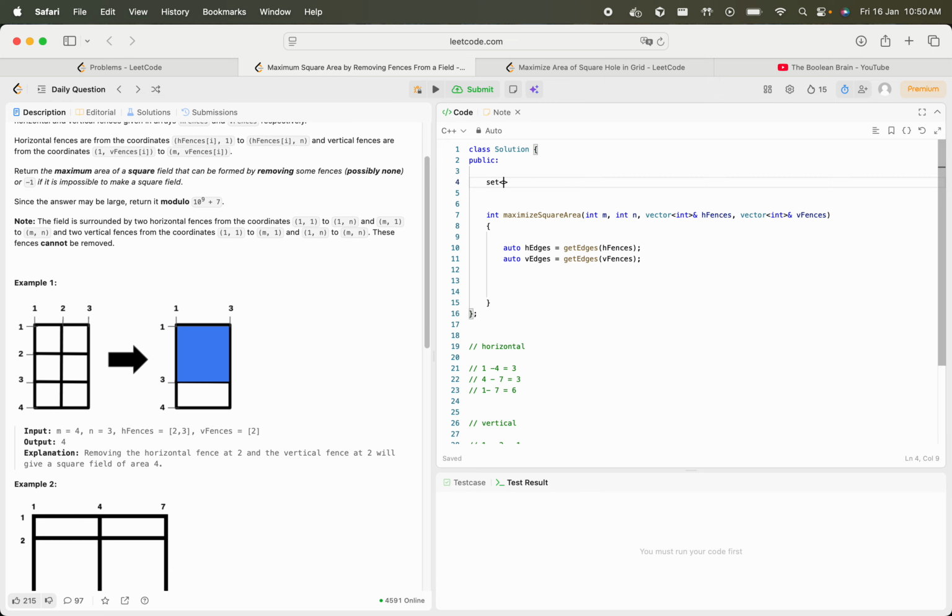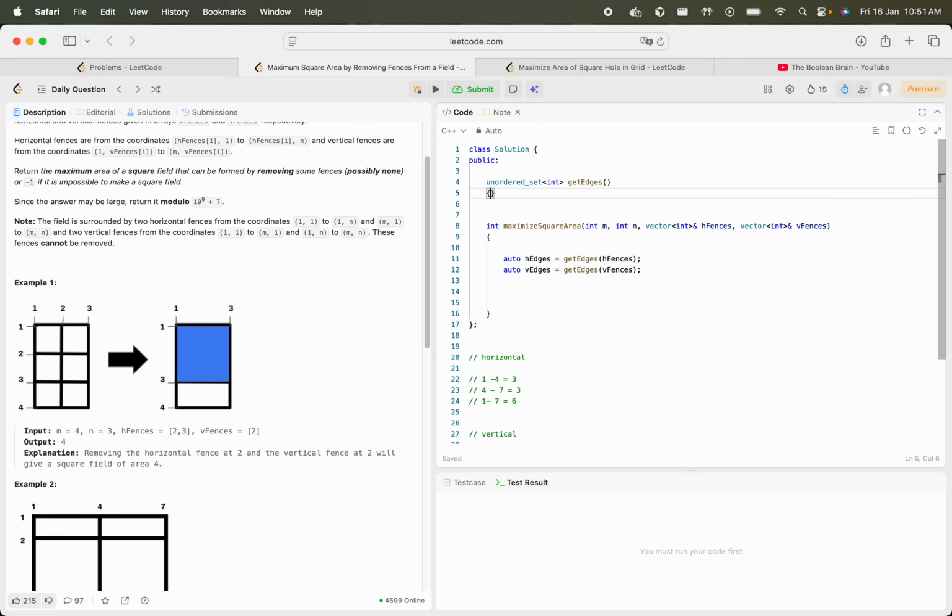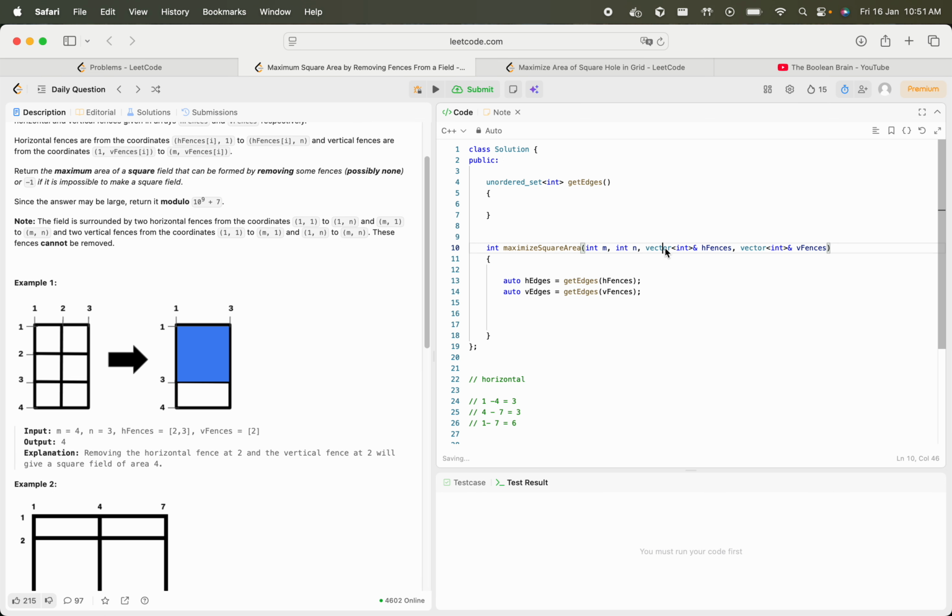Let's use unordered set because time complexity of unordered set is on average O(1), the insertion and the accessing. Okay, good.